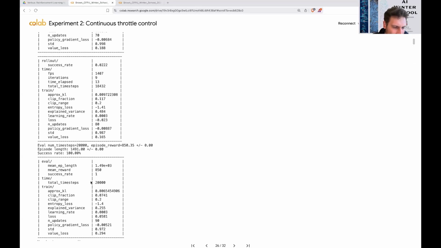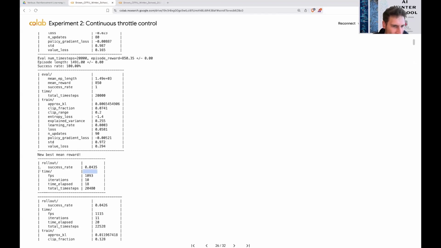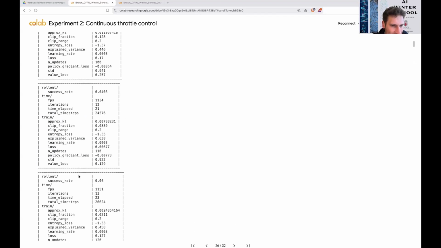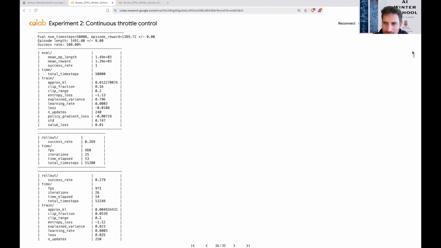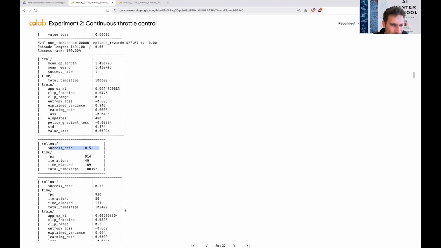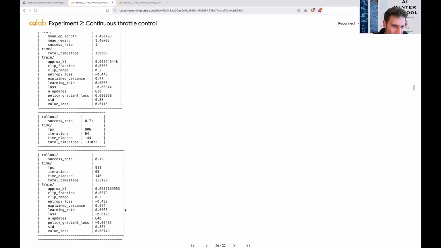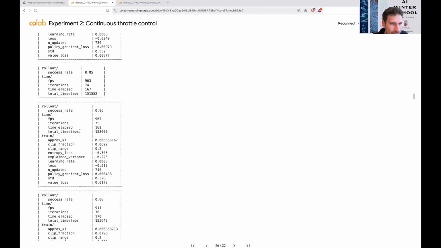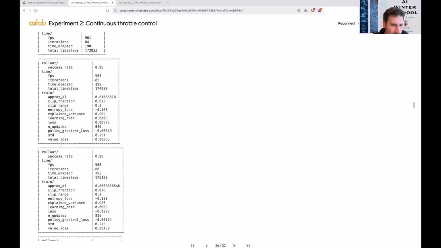Again, what we would expect is eventually we'll start to see rollout success rate creep up if we are converging on policies that are working and meeting our goals. So it does seem like that happened here, which is good.